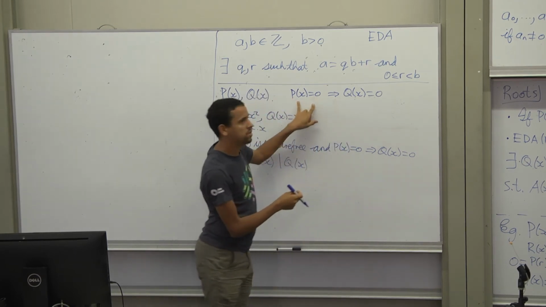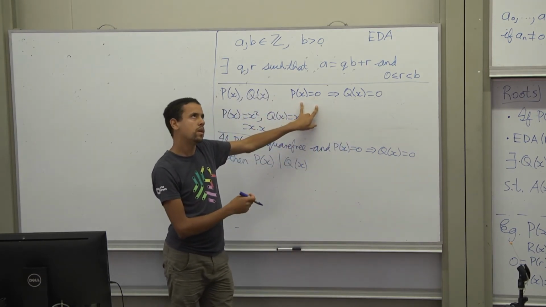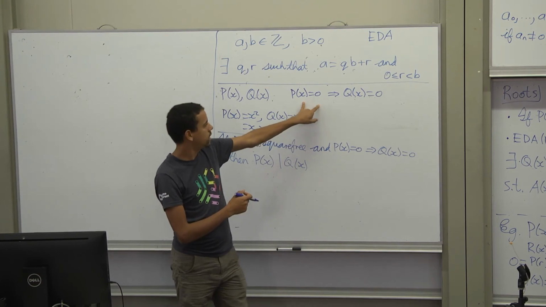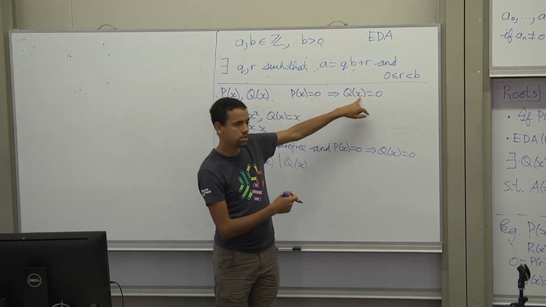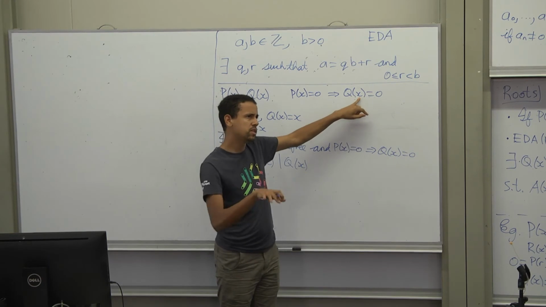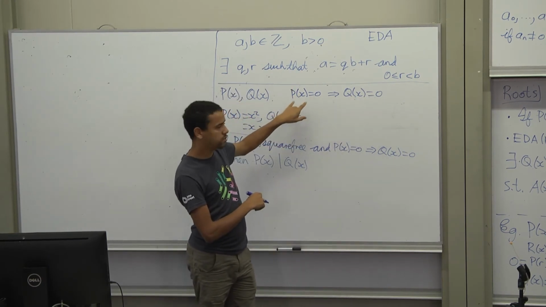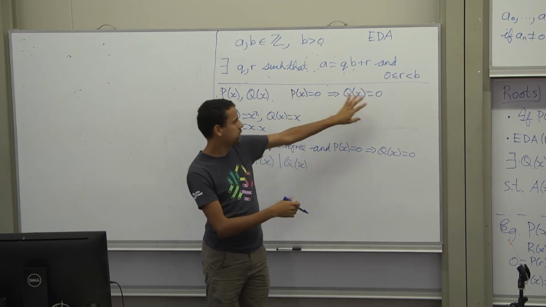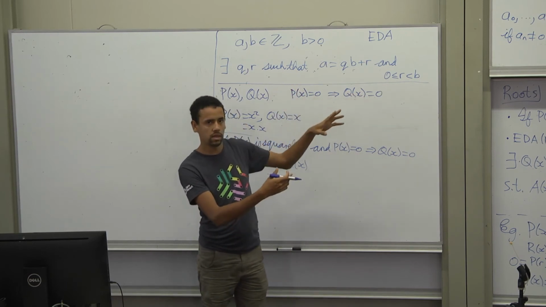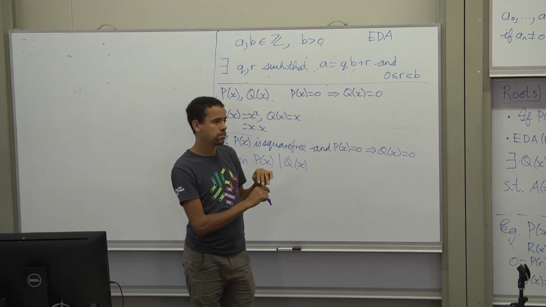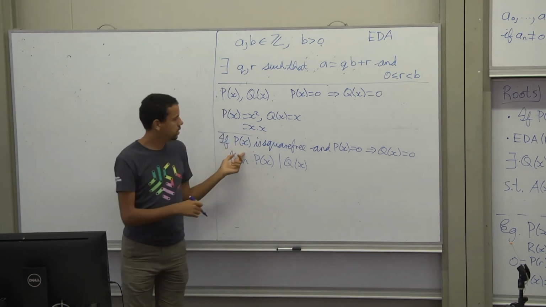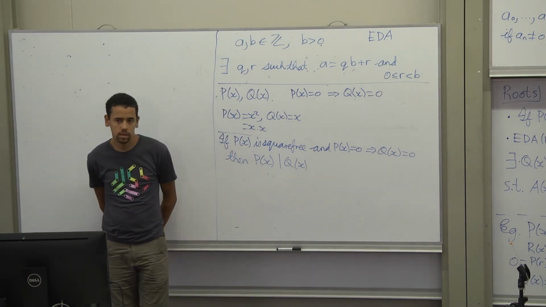Okay. p of x might be 0 when x is 1, 2, and 5. And it so happens that q is also 0 at 1, 2, and 5, and maybe some other values as well. So we're assuming we have polynomials p and q which satisfy this statement, and we want to say that p divides q. And that's generally only true when p is square free.